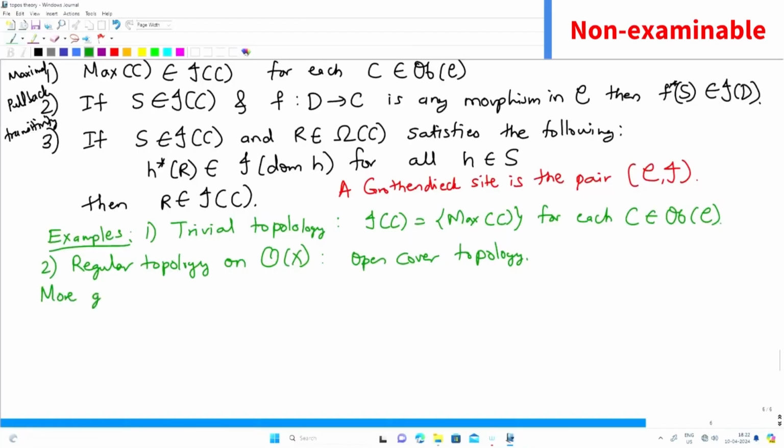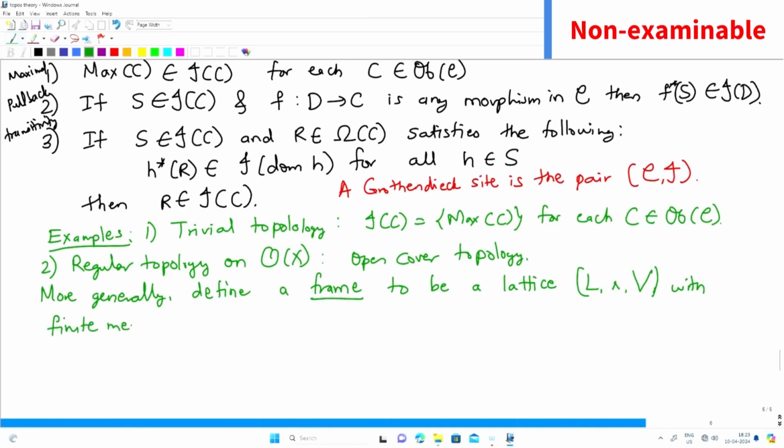So more generally, define a frame to be a lattice L with finite meets and arbitrary joins, with the usual properties for meets and joins, and in addition the infinitary distributive law.